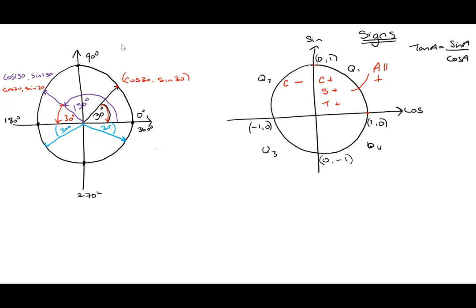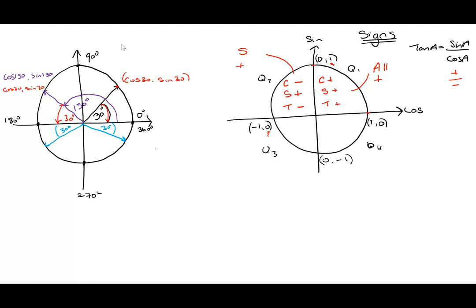Sine goes from the coordinate of 1 to 0, so between 1 and 0, sine is always positive. Tan, remember, is sine divided by cos. So tan in this case is a plus divided by a minus, which is a minus. So in this one, sine is the only positive.